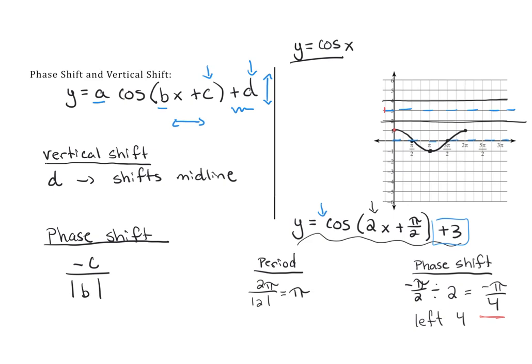So my starting one's going to be left pi over 4, and then I've got, so 1, 2, 3, 4, 5. And cosine, so where it starts, it's starting up and then coming down and going back up. And then I can just continue that pattern.